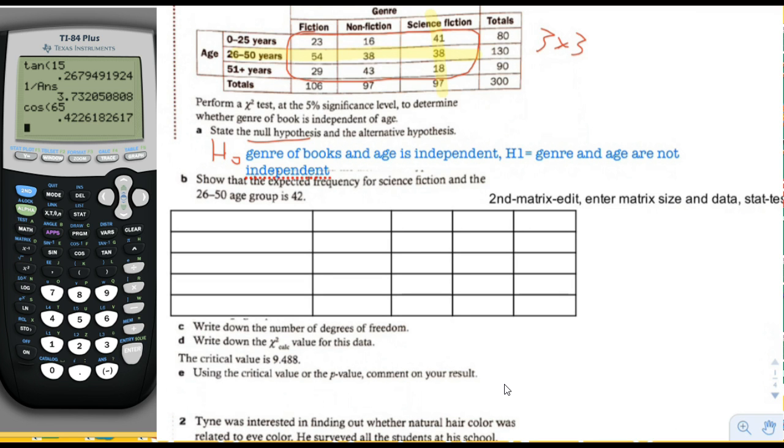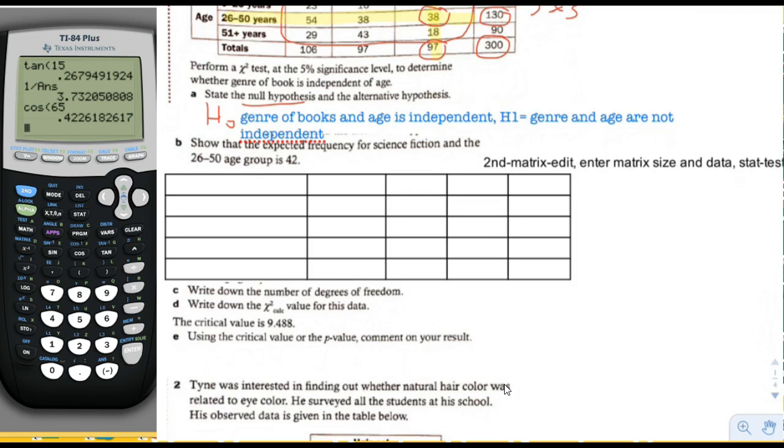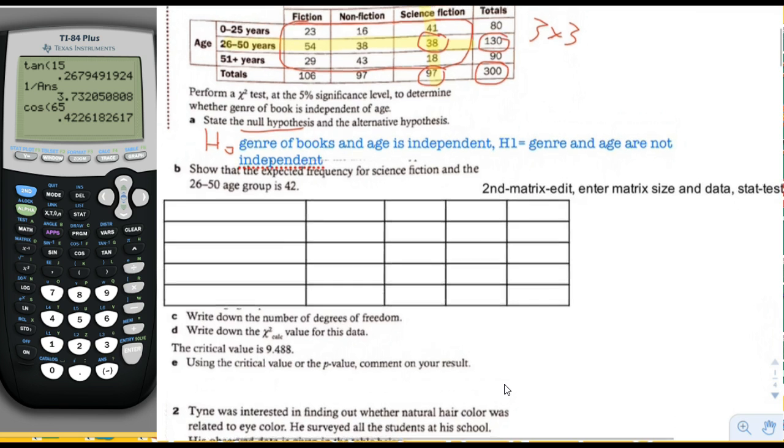Basically it's this position of the matrix. To do that, we can find the expected frequency for this position by using 97, 130, and 300. And the way we do that is we use a multiplication.